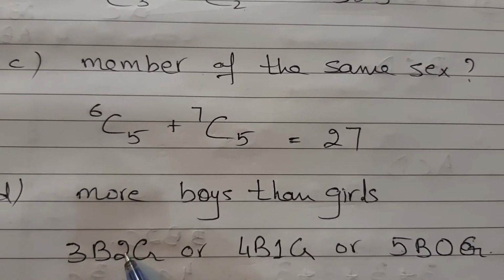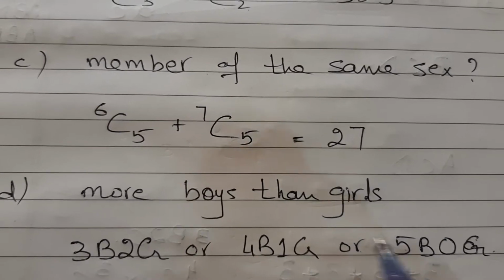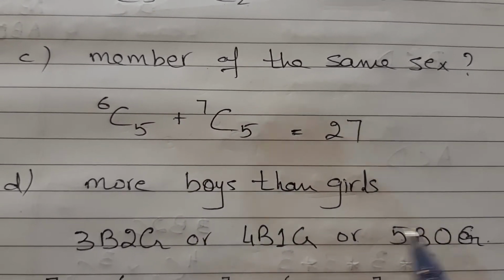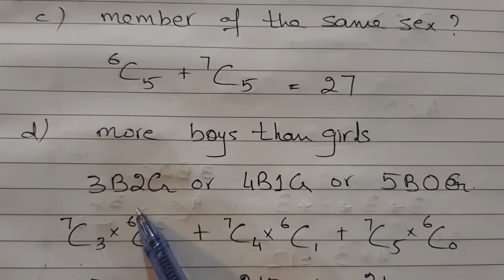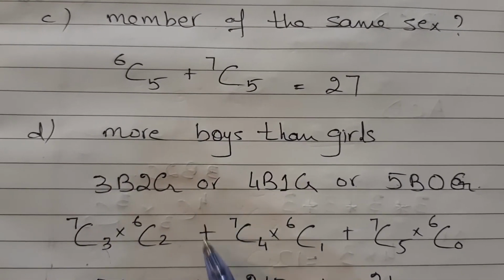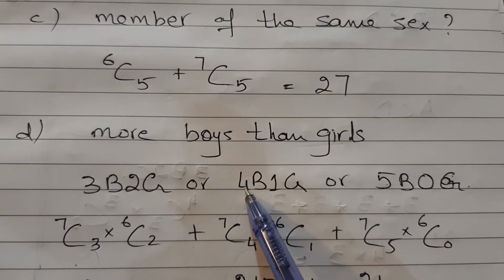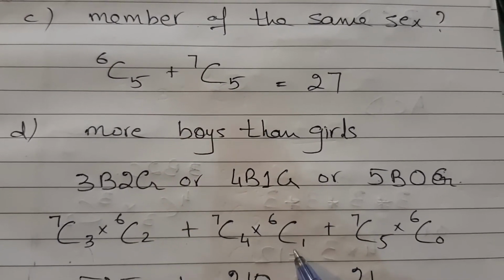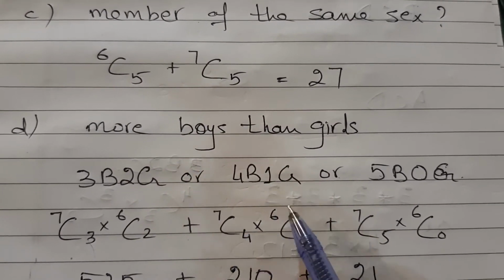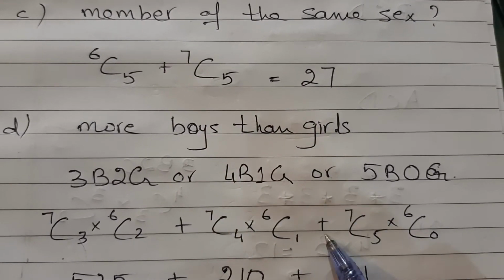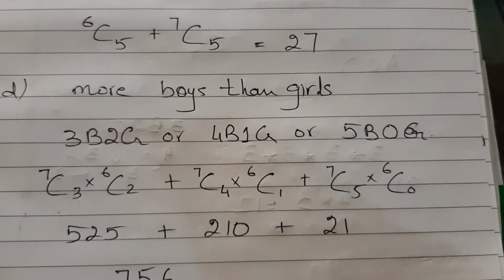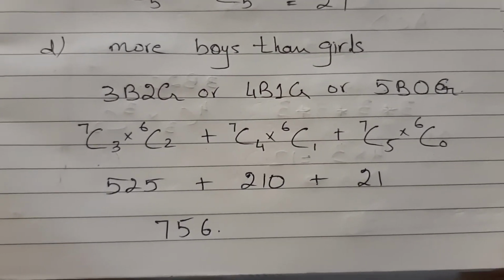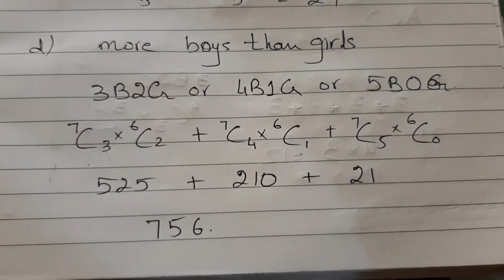You see 3 plus 2 is 5, 4 plus 1 is 5, 5 plus 0 is 5. So now for this what will I write? 7C3 multiplied by 6C2, plus 7C4 multiplied by 6C1, plus 7C5 multiplied by 6C0, and then you add up the result. So this is giving you more boys than girls.